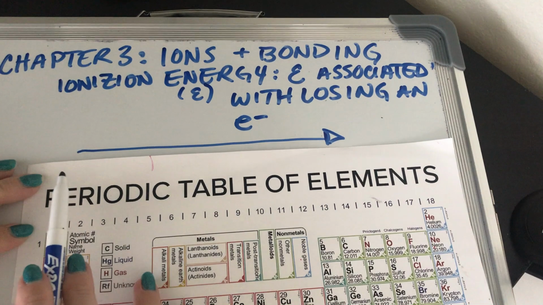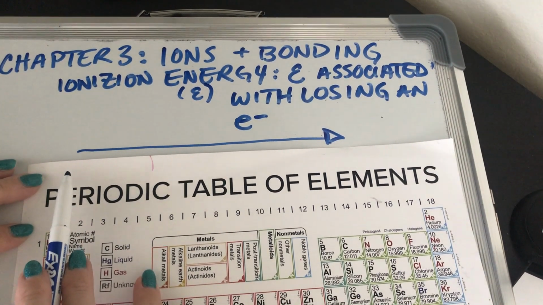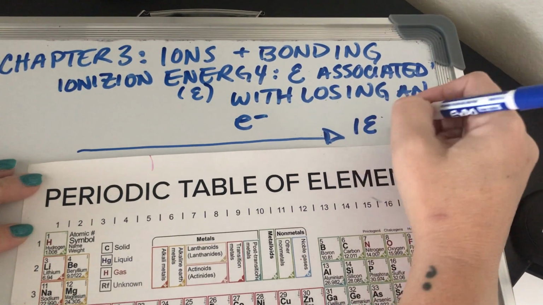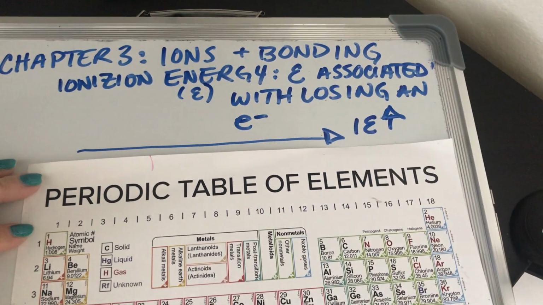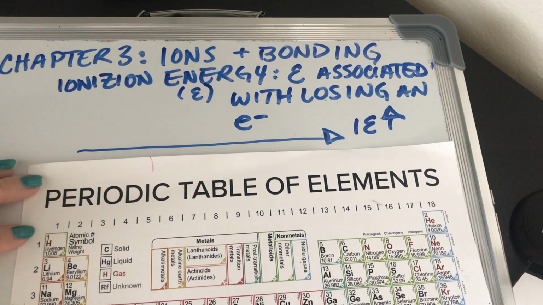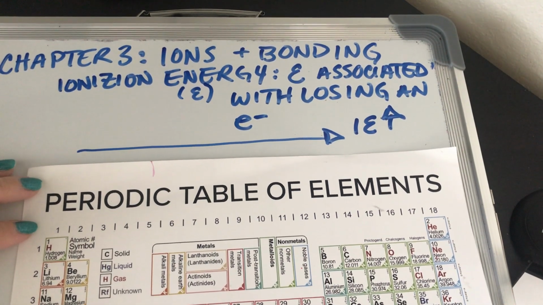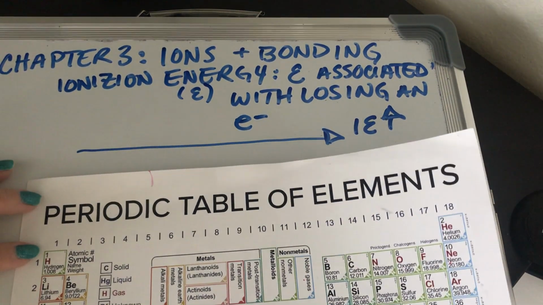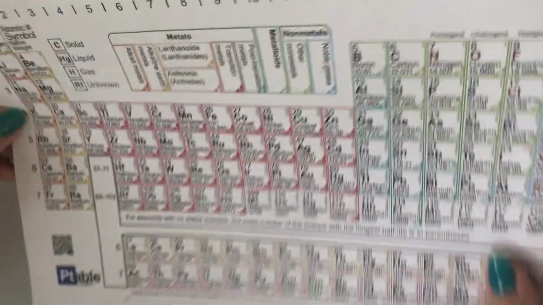So as we go across the periodic table from left to right, the ionization energy increases. Okay? Everybody okay with my abbreviations there? IE is ionization energy. Cool. So, I think that one's relatively intuitive.